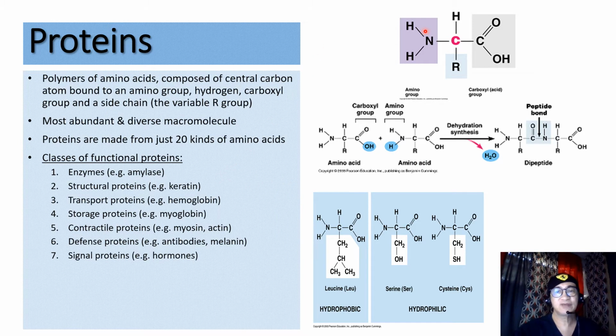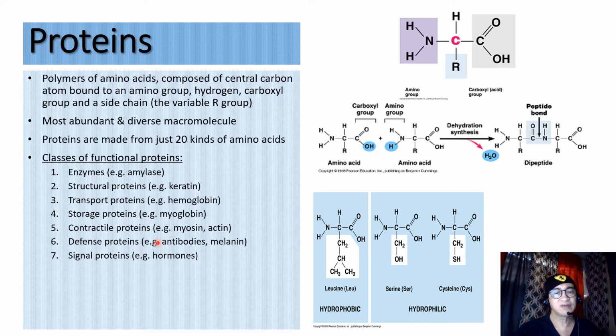Now, because of the diversity of proteins, they can serve several different functions. Many proteins can serve as enzymes. Some are structural proteins like keratin. Some proteins serve to transport other commodities like hemoglobin, for example, that binds and transports oxygen and carbon dioxide. You have storage proteins like myoglobin that stores oxygen in the muscle cells before it is used for energy synthesis.